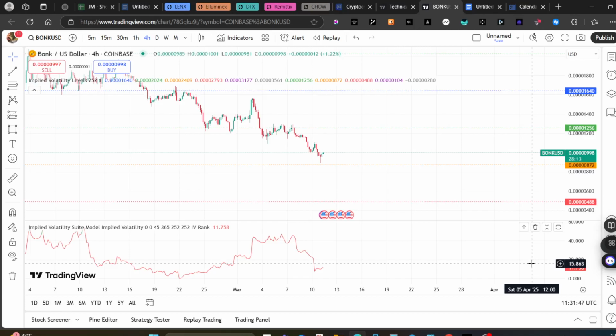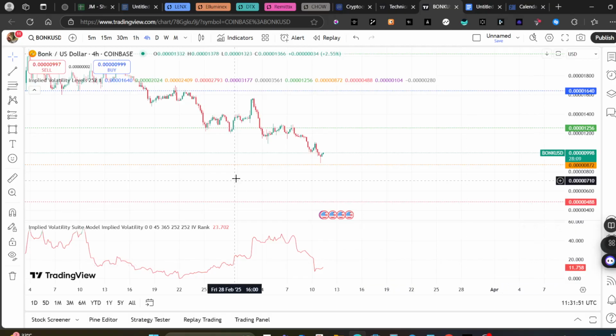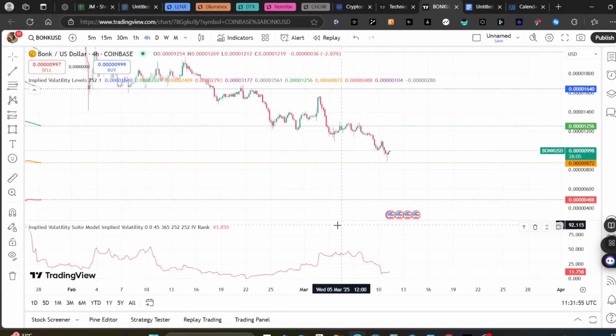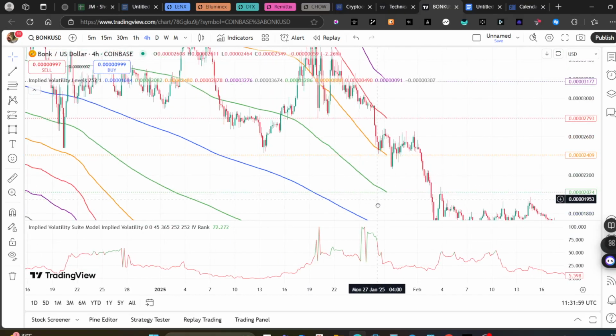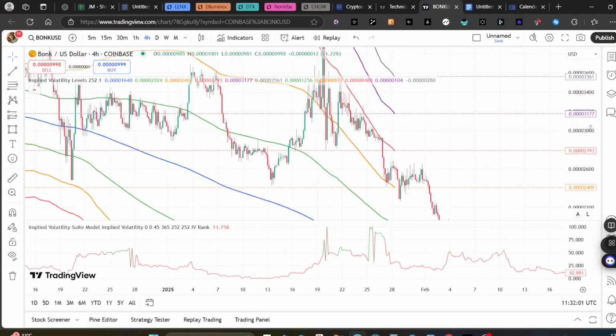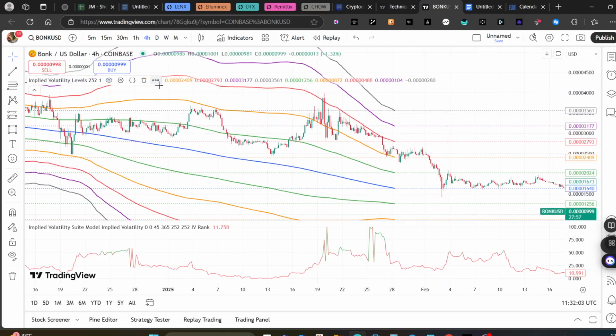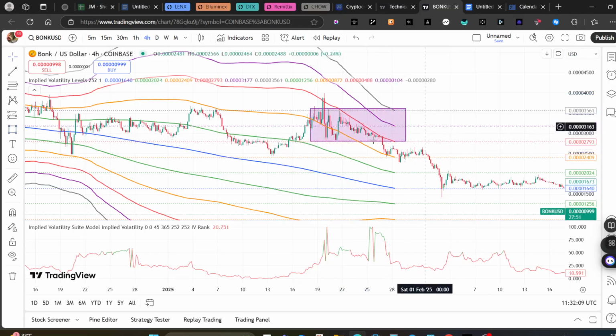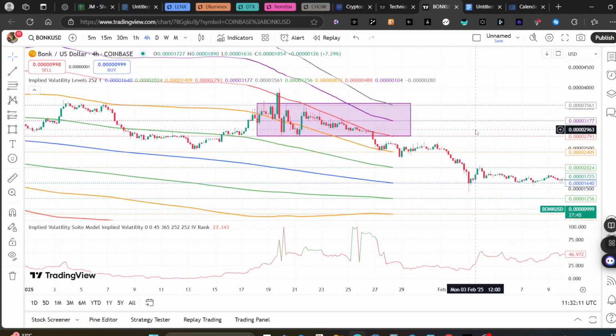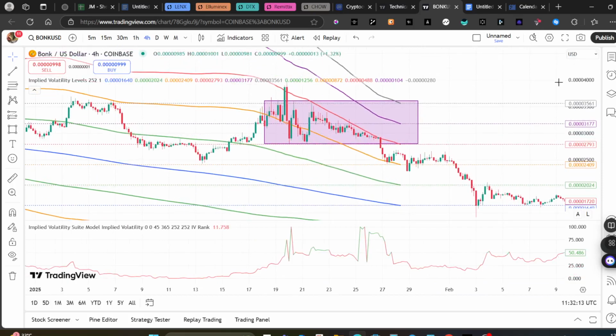Secondly, it can help you determine optimal entry and exit points. High implied volatility typically indicates a potential for a breakout. You can see what happened around here.